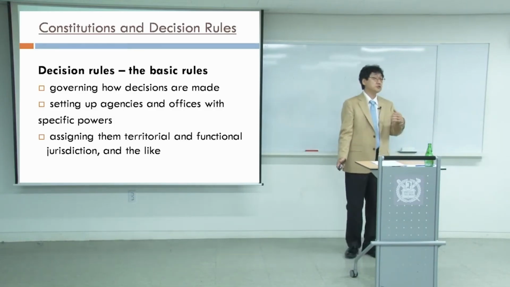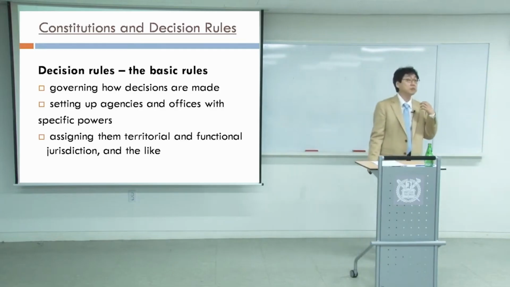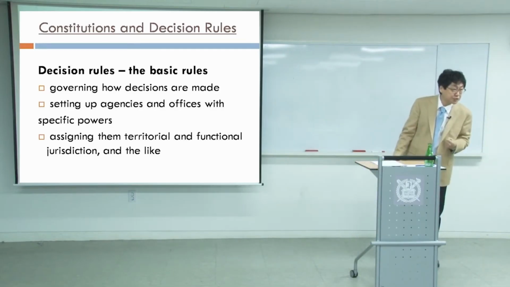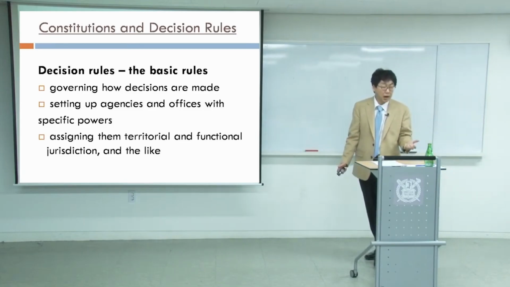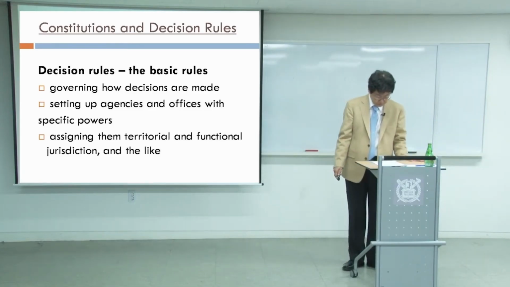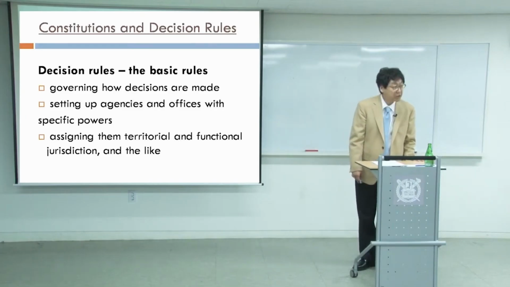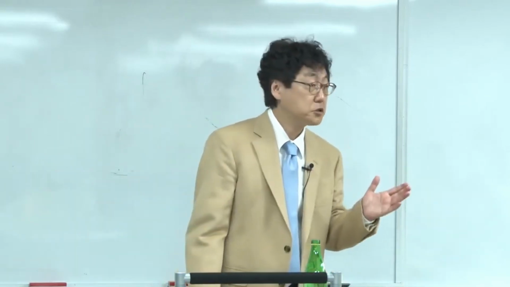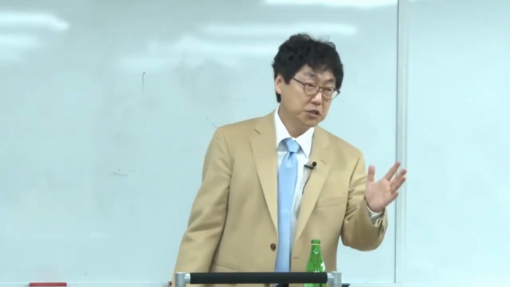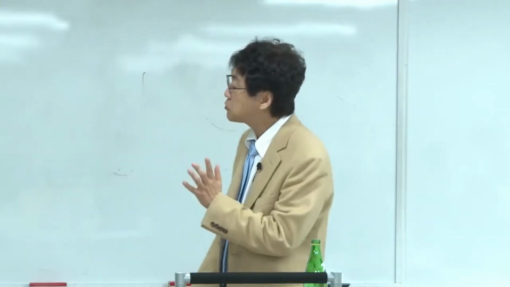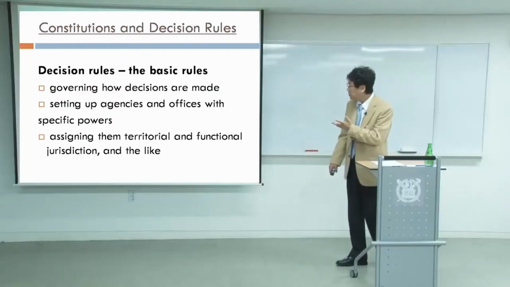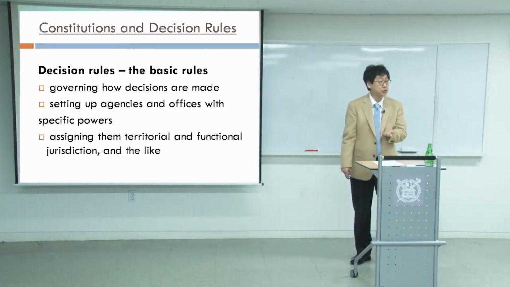So Constitution creates different governmental organizations and branches and gives them different powers. And then assigning them territorial and functional jurisdiction and the like. So Constitution specifies, say, judicial branch does this, legislative branch does this. So Constitution gives each government entity territorial and functional jurisdiction.